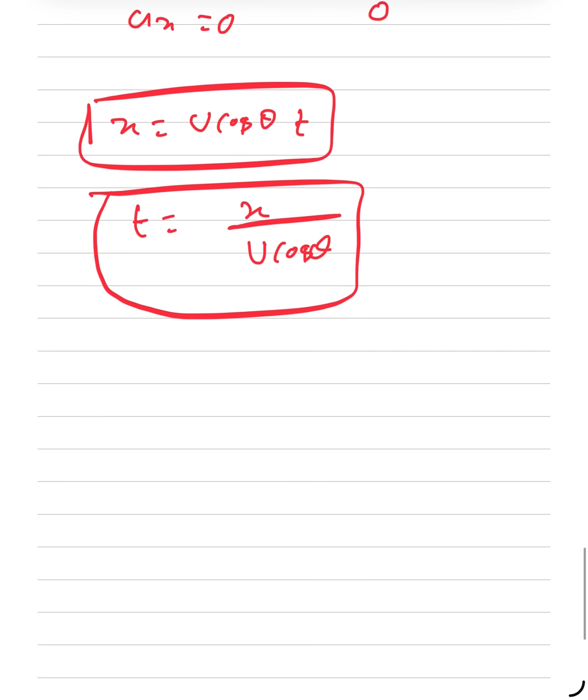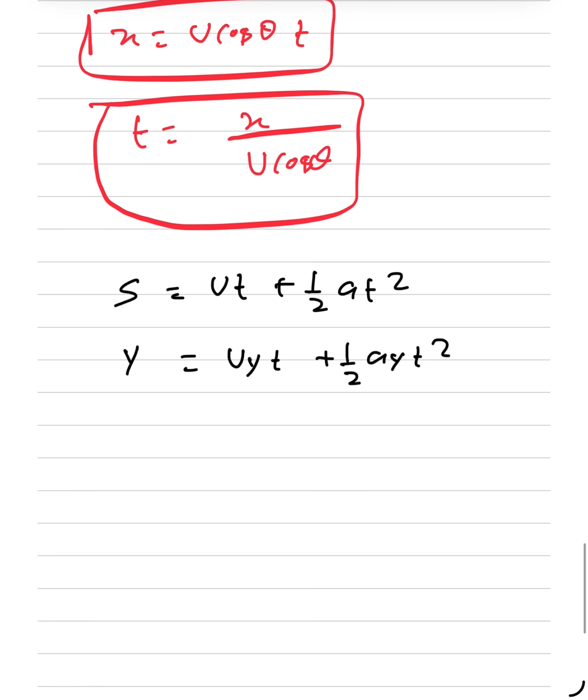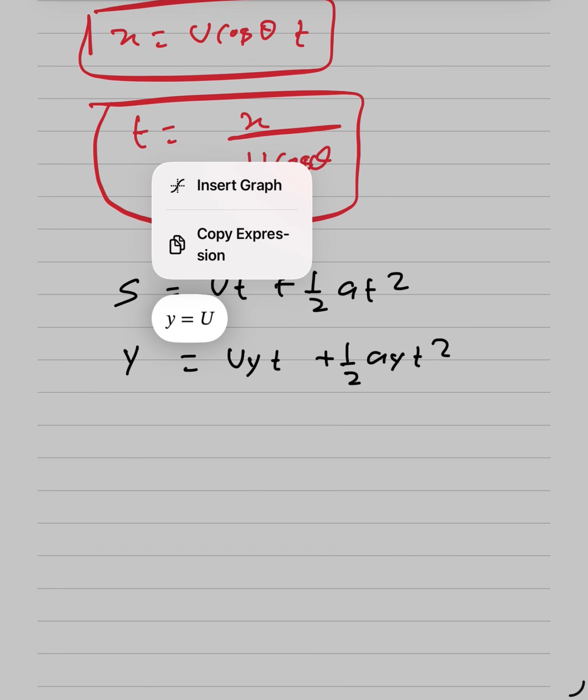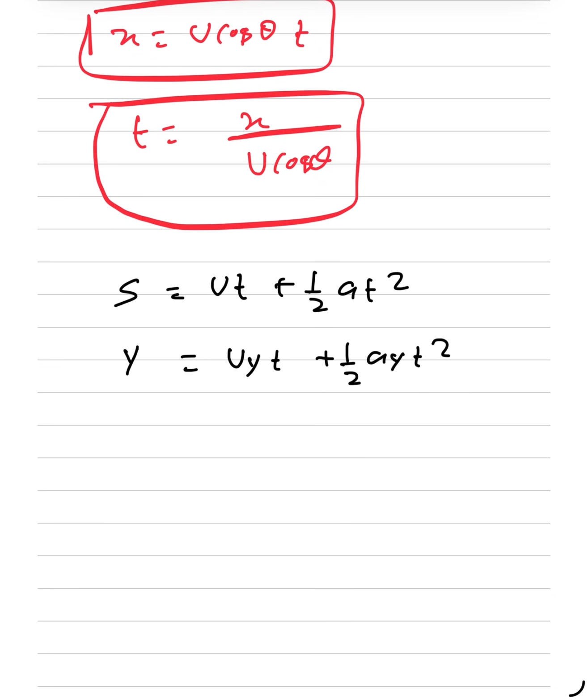This is the time t. For the vertical coordinate, using the second equation of motion, s equals ut plus 1 by 2 at square, along the y direction: y equals uyt plus 1 by 2 ayt square.